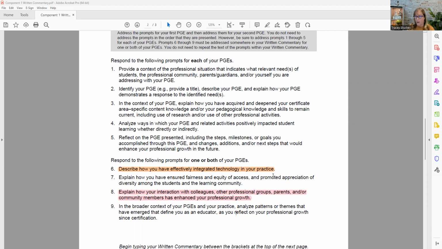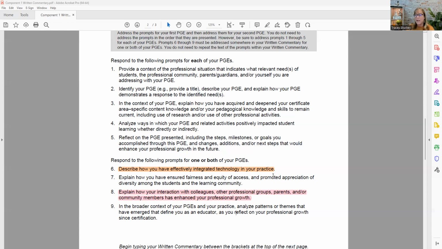So integrated means that you used it in that integrated fashion. Not just that there is a smartboard in your room and that you do have Google Suite to use if you want to use it, or I have iPads or Chromebooks. It's how did you integrate it into that PGE?